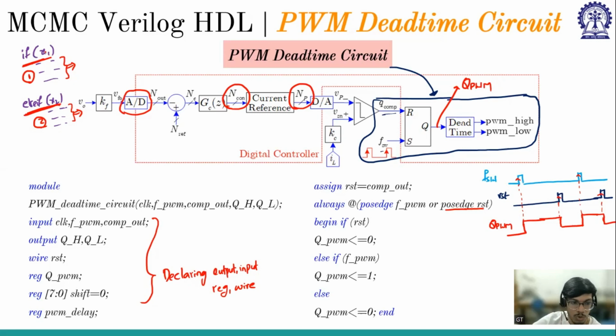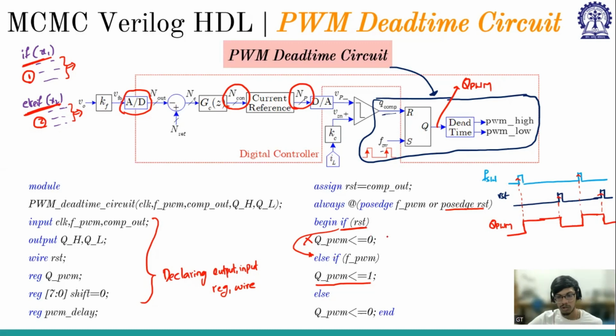If x1 is true, then it will not enter this else if. Similarly here, if it is reset, then it will enter this and come out of the loop. But if reset is 0, then this will not happen, and then it will check if PWM is there, then it will enter and PWM is 1. So at any given point of time, it will not enter both the if conditions. It will enter any one of the if conditions, so any one of them will happen.